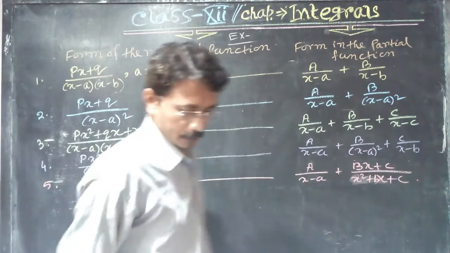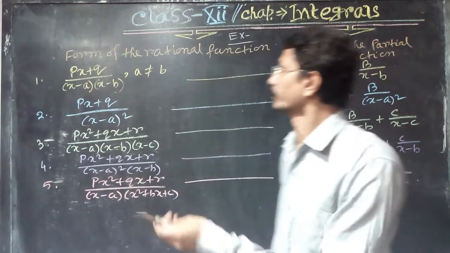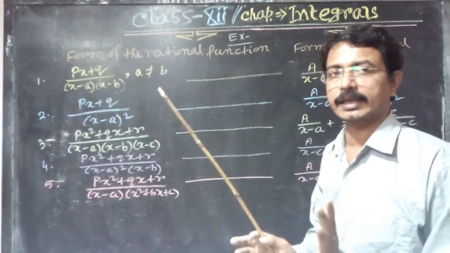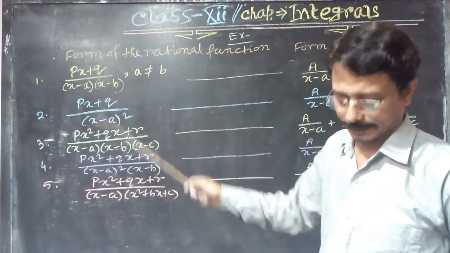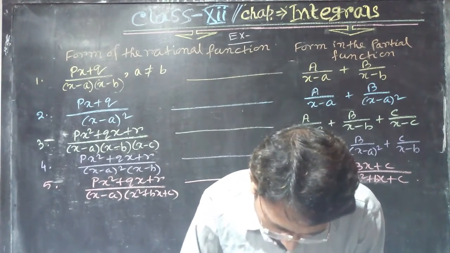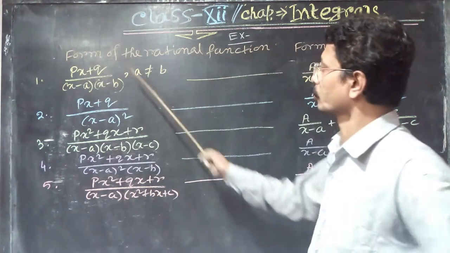Now you see, I write here some forms of integration. If you see that integration given in one of these 5 ways, then at first what do you do?